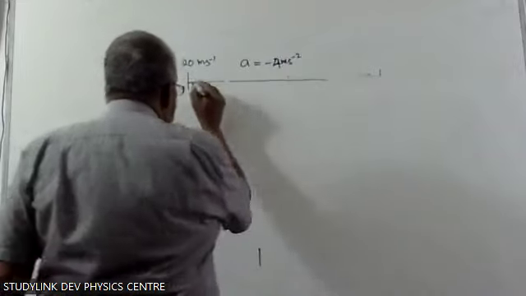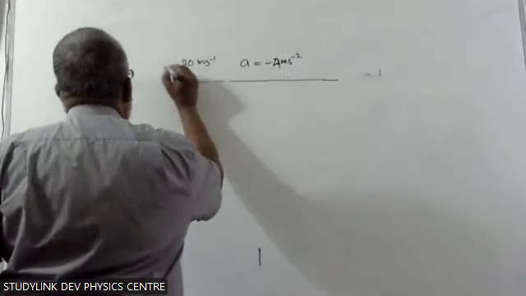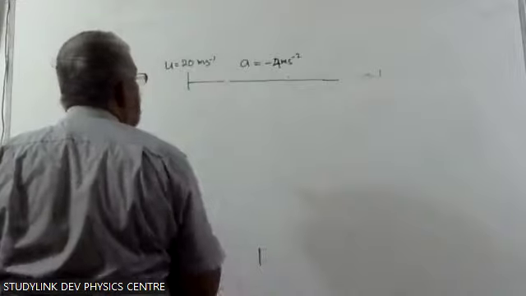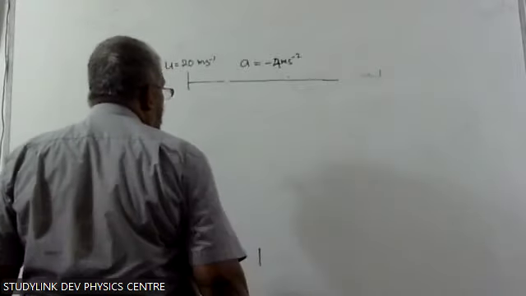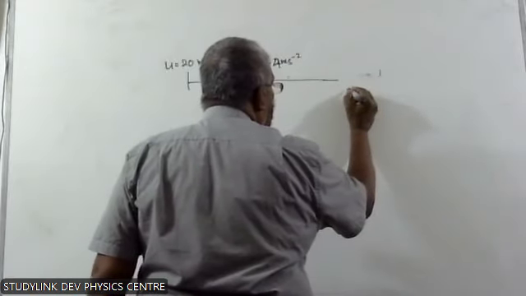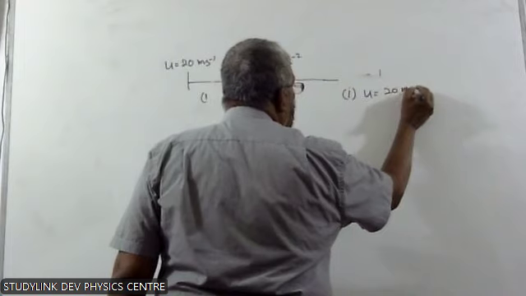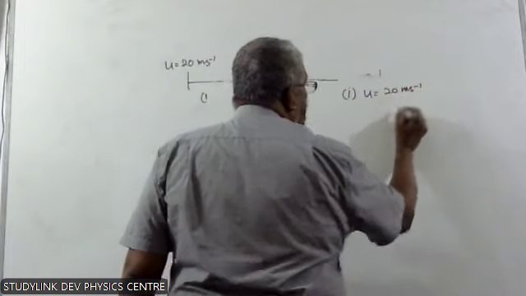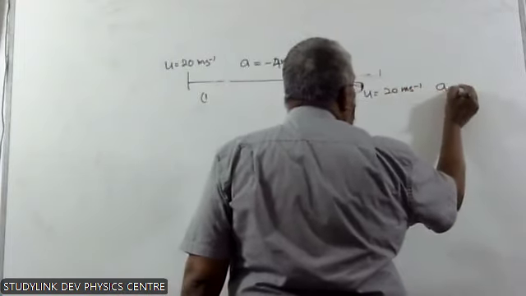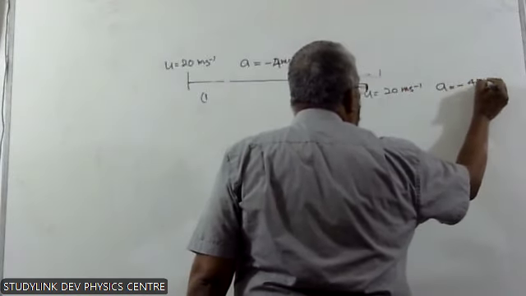When it decelerates, it starts from 20, that means the initial velocity is this. So for the first part of the question, u is 20 ms minus 1. a is negative because it's deceleration, minus 4 ms minus 2.